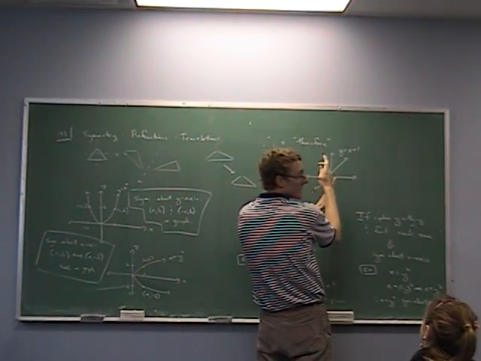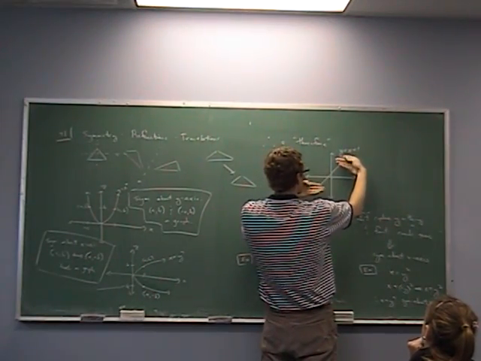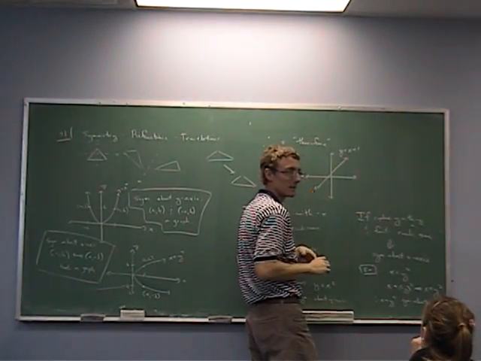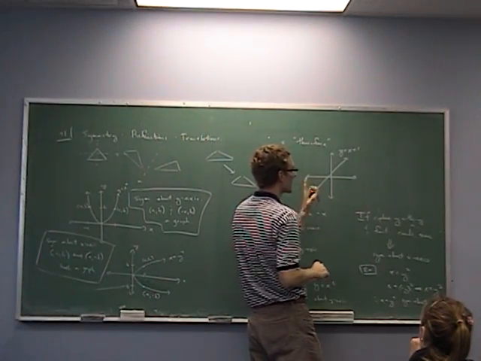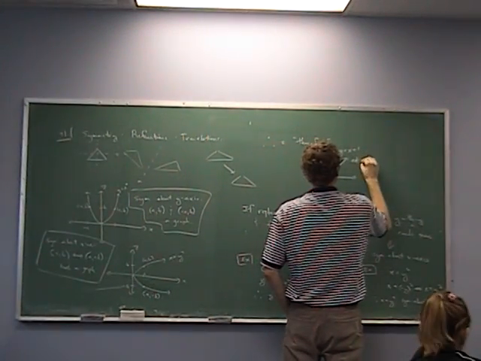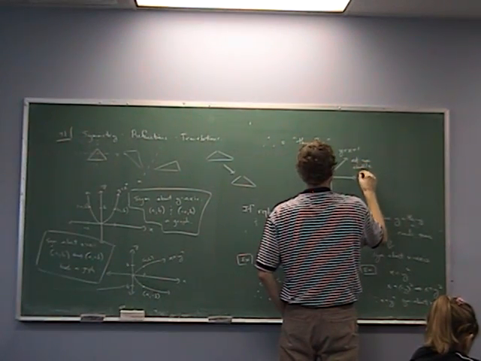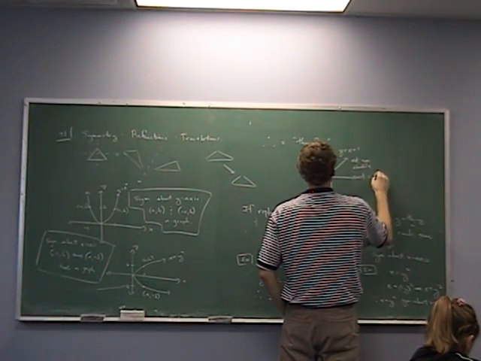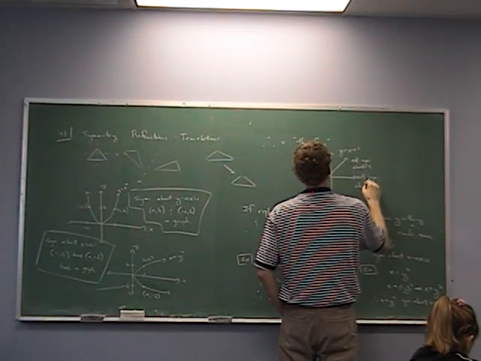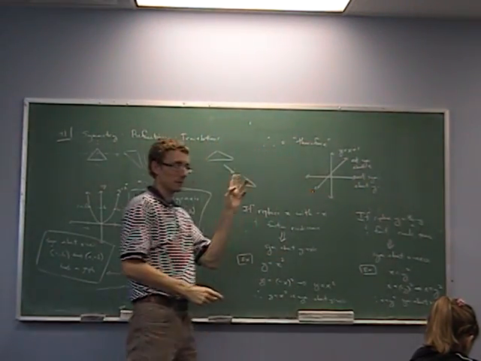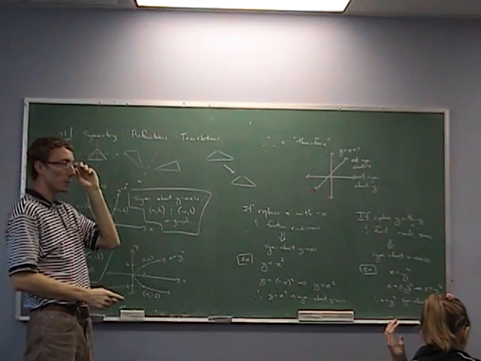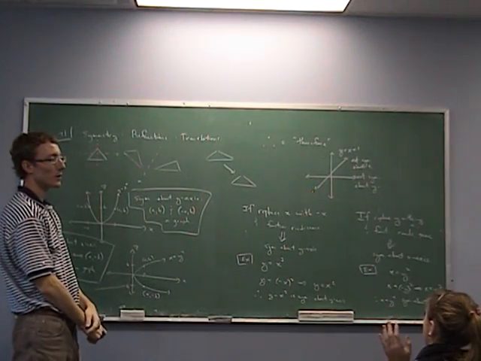If you fold this, it doesn't fold on itself. If you fold it this way, it doesn't fold on itself either. It's not symmetric at all. This is not symmetric about the x, and this is also not symmetric about the y. You can see it. I'm going to prove it to you algebraically.